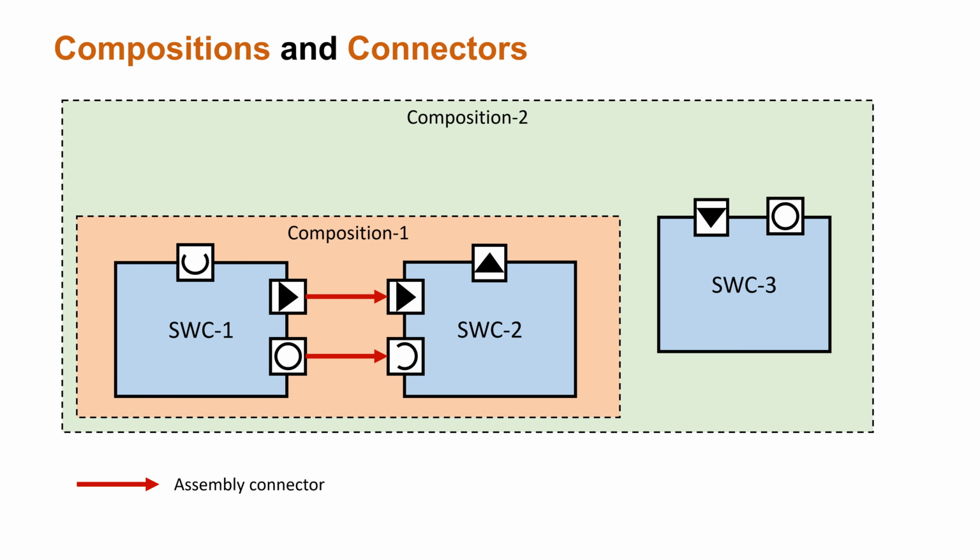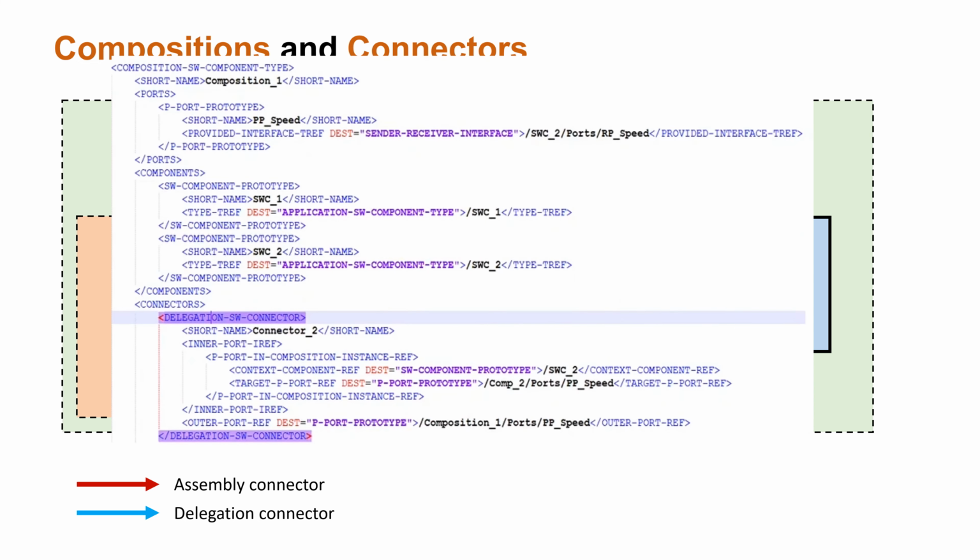To do this, we will have to extend the existing ports to the outer composition using delegation connectors. Software component 1 and 2 have their ports extended to the outer composition using a delegation connector. So now composition 1 will have the ports defined in it. A simple configuration of how it looks in the configuration file is here.